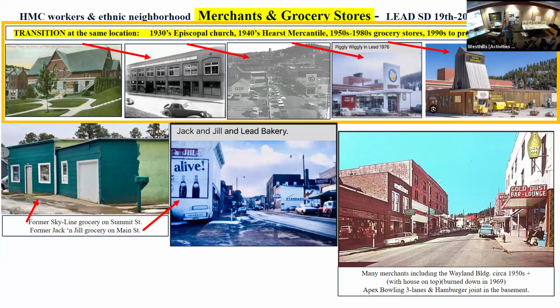Homestake had grocery stores throughout the Black Hills, Hearst grocery stores for miners, but more in particular for the timber cutters. In all of these different little timber areas, there was a little grocery store. And they decided to build what really was an innovative, big department store.